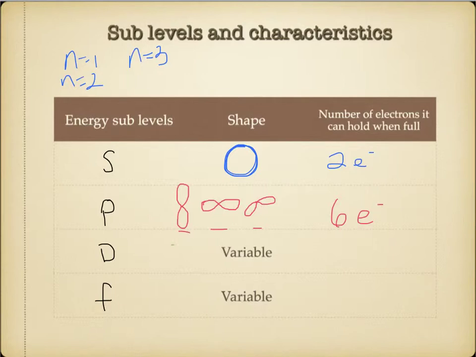The d orbitals look weird. They have ballish shapes that fill in between. We don't need to know the exact shape of those, but we need to know that there are 5 orbitals in total, and each orbital contains 2 electrons, so 2 electrons in each of the 5 orbitals means 10 electrons.